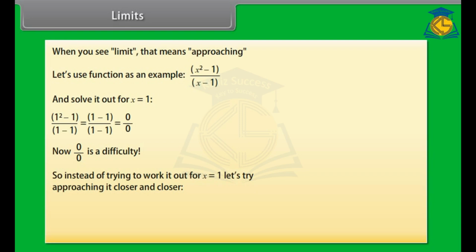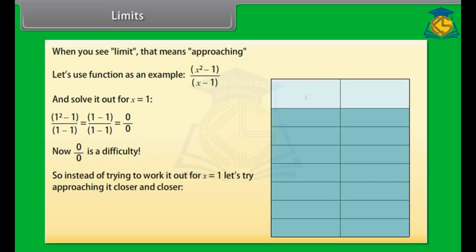So, instead of trying to work it out for x = 1, let's try approaching it closer and closer. For x = 0.5, the value of the function is 1.50000. For x = 0.9, it is 1.90000. For x = 0.99, it is 1.99000.